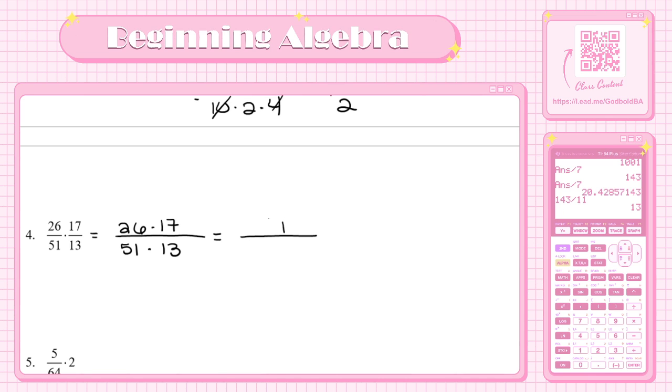So 26 is 2 times 13, right? So 2 times 13, and then can't forget our 17 there. 51, I have no idea what goes into 51. 3 does, because 5 plus 1 is 6, and 6 is divisible by 3. But I don't know what it is.